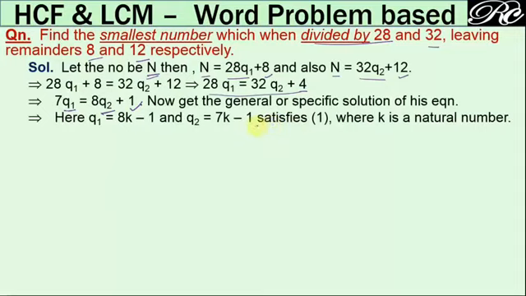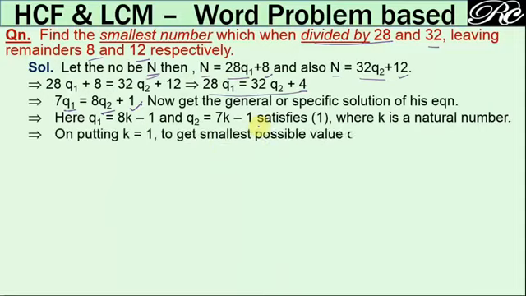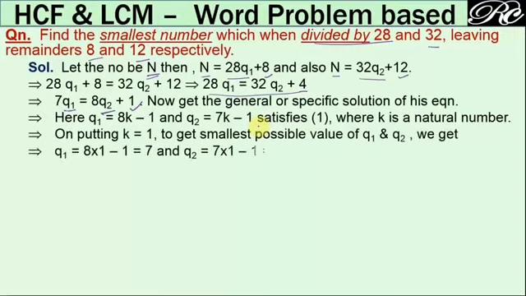Means q1 is equal to 8k minus 1 and q2 is equal to 7k minus 1. Here k is an integer. We may take k equal to 1 for the smallest possible value. So on putting k equal to 1, we get q1 as 8 into 1 minus 1, 7, and q2 as 7 into 1 minus 1, 6.